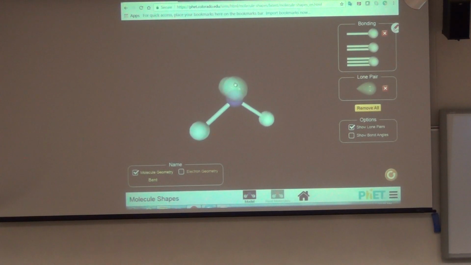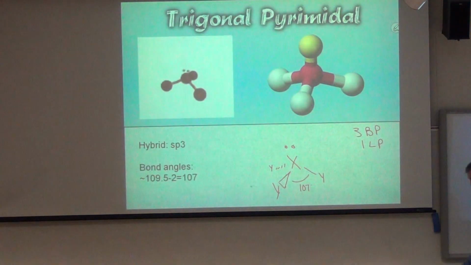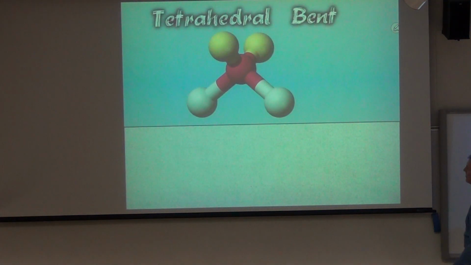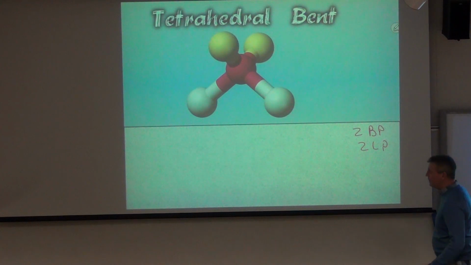So now, hopefully you can see that clearly, instead of being a linear, it looks like a bent molecule, and that's where the name bent comes from. So for this one, we're going to have 2 bonding pairs, 2 lone pairs. Hybrid remains the same.